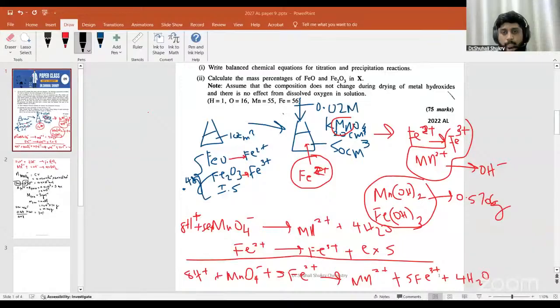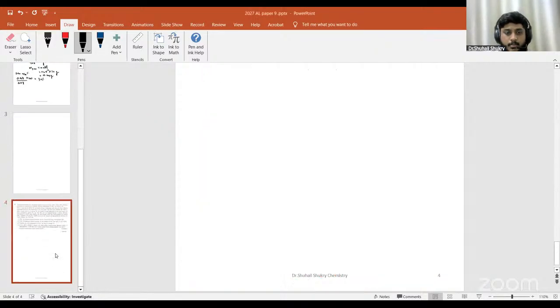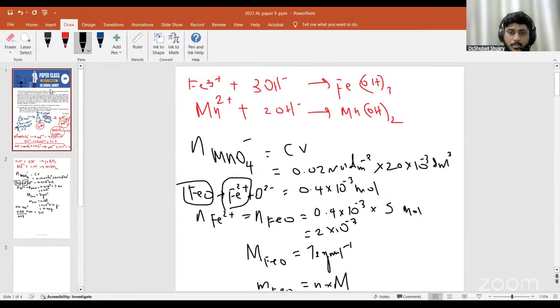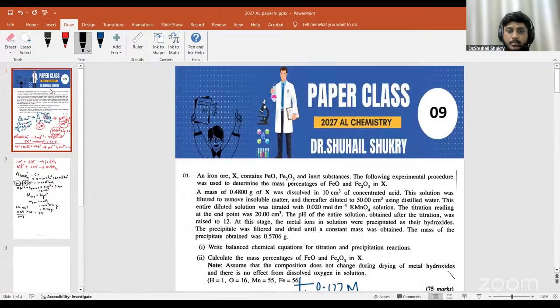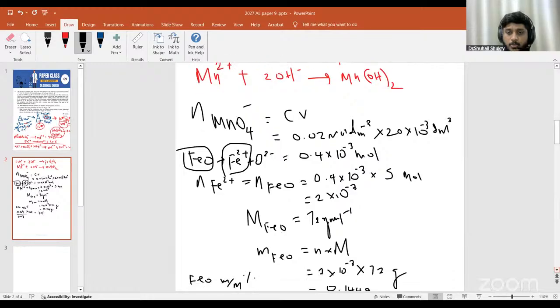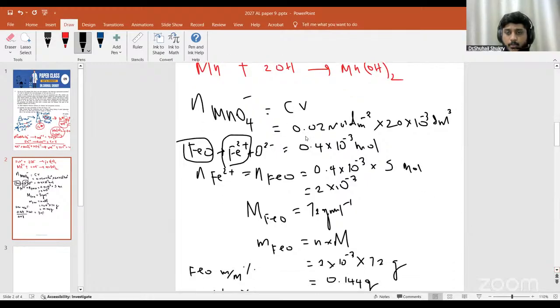So now let's do that part. Now we can do like this. Already we know the Mn2+ moles. What are the Mn2+ moles here? We have already found that the MnO4- moles are equal to the Mn2+ moles, 0.4 into 10 to the minus 3 moles.